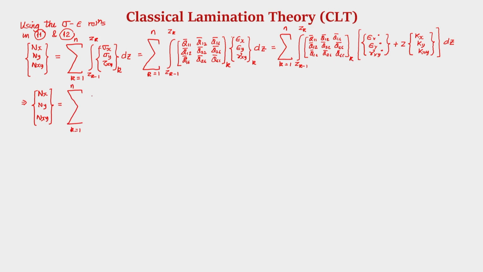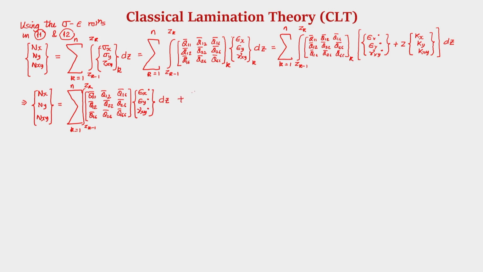We write the first term only, that means Q bar, sorry, this integration will be there, integration zk minus 1 to zk Q bar into epsilon x naught, epsilon y naught, gamma xy naught dz.